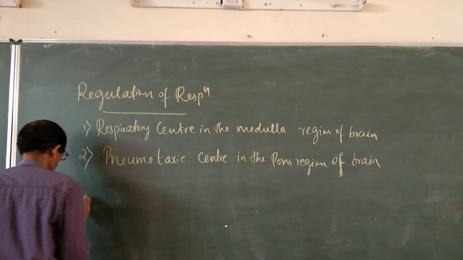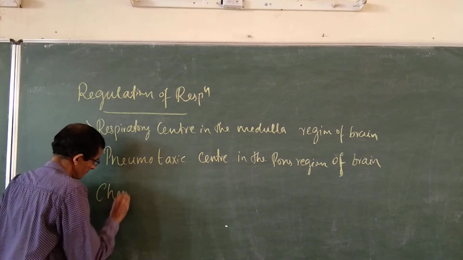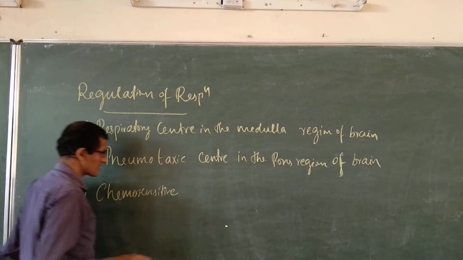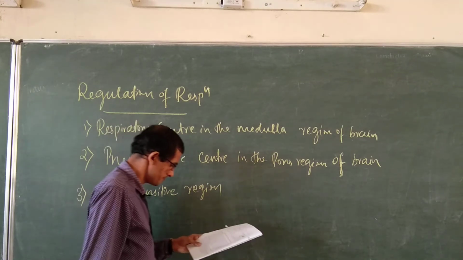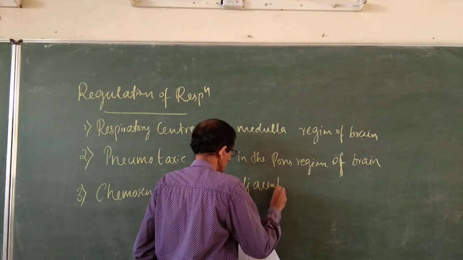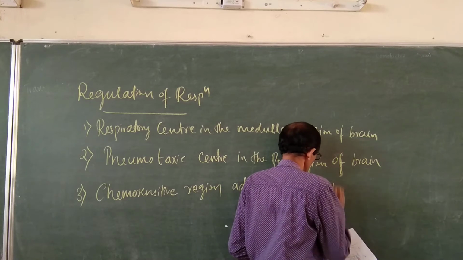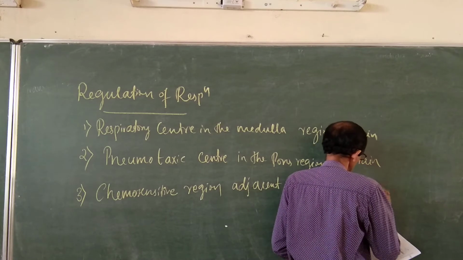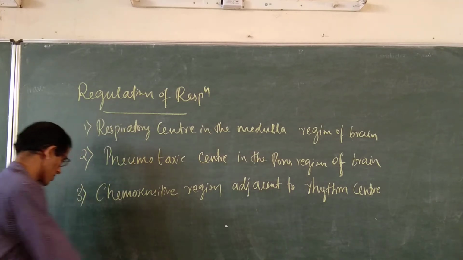And third one, chemosensitive region adjacent to the rhythm center. These are the 3 portions.